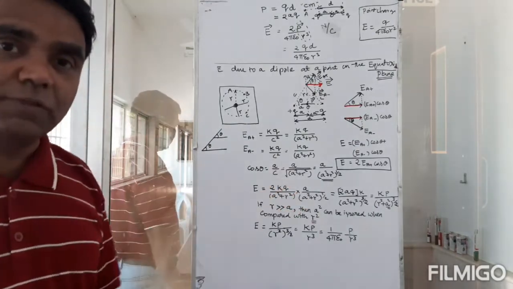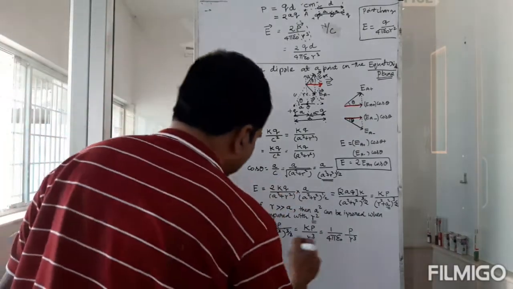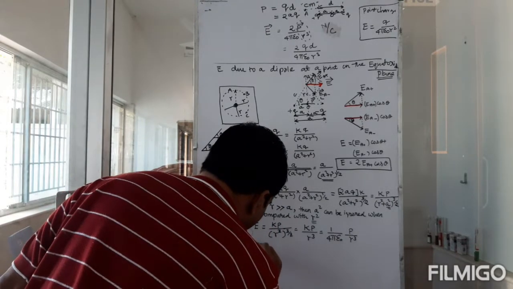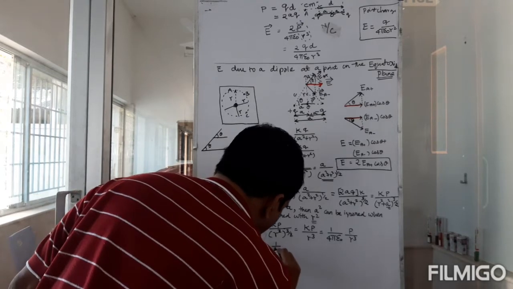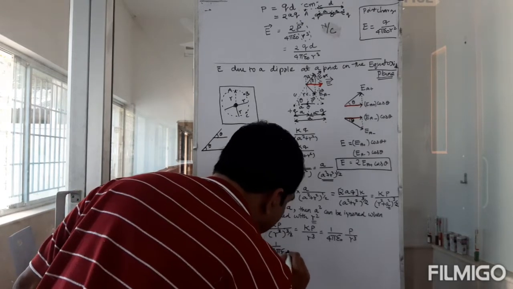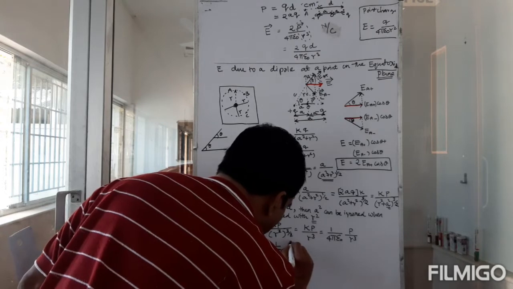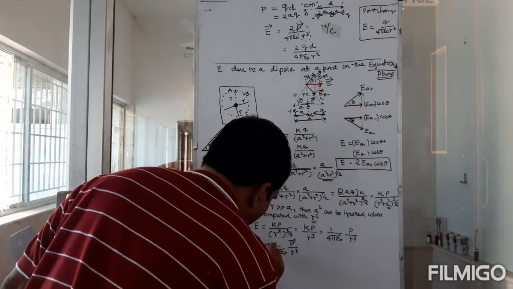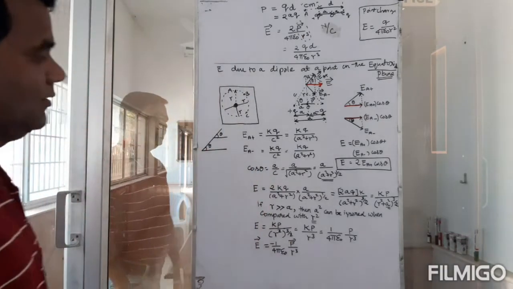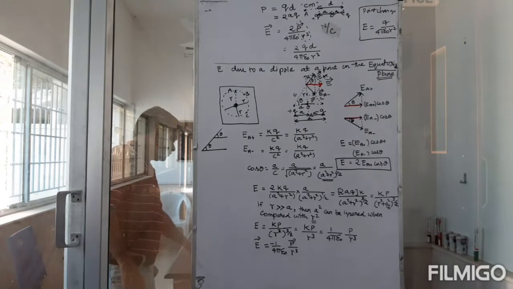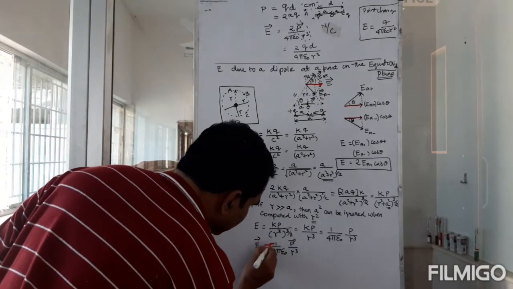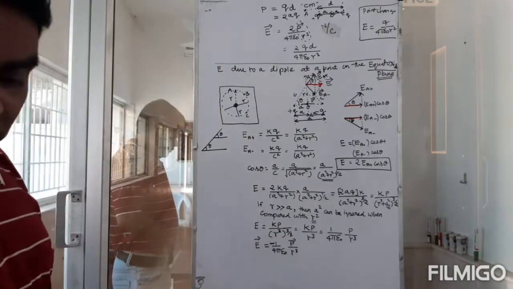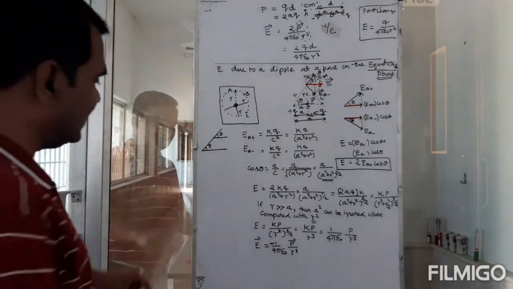So if we incorporate everything here, E vector is going to be equal to 1 by 4 pi epsilon naught, then P vector by R cube, but then the direction is opposite to that, so I'm going to have a minus here. Okay, so that is the expression. That is E vector.